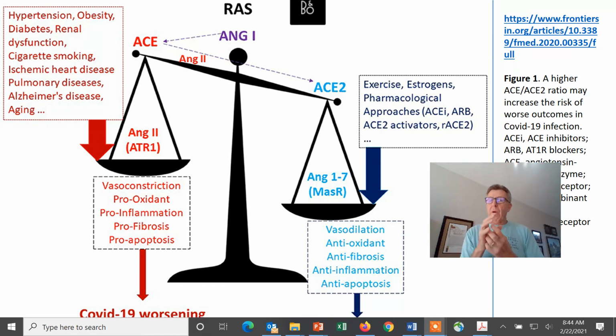They bind to more ACE2 receptors, get sucked into the cell, and you just keep making more and more and more. The whole time you can see how the balance is shifting the other way. Instead of ACE2 being predominant, ACE becomes predominant, and you have all these different situations where the COVID-19 is worsening. So that's a quick primer in biology, my friends.